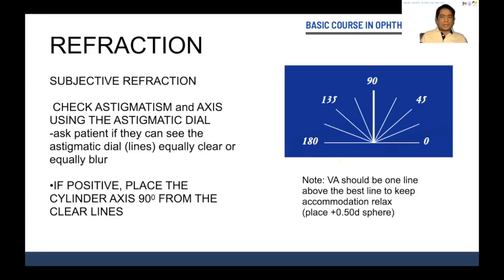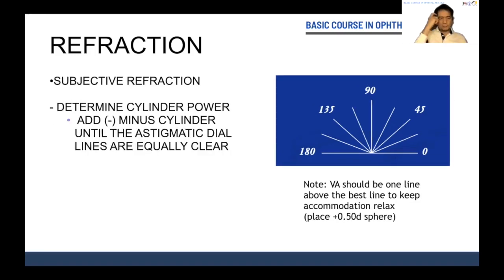To determine the axis of the astigmatism, it is perpendicular, or 90 degrees away from the brightest line. So if the brightest, clearest line is at 90, the axis of this astigmatism is at 180, axis 180.